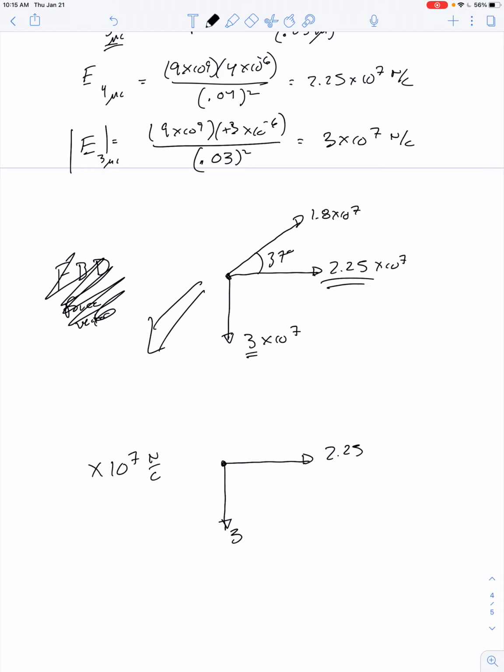So I can simplify and just look at the numbers that come before the 10 to the 7th newtons per coulomb. Okay, so this is going to be 3/5 of 1.8, and this is going to be 4/5 of 1.8.